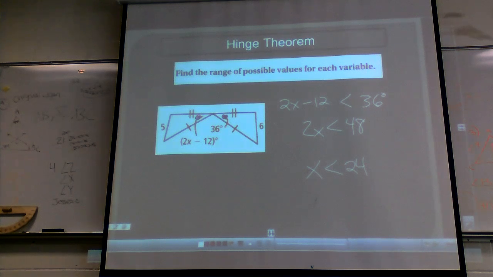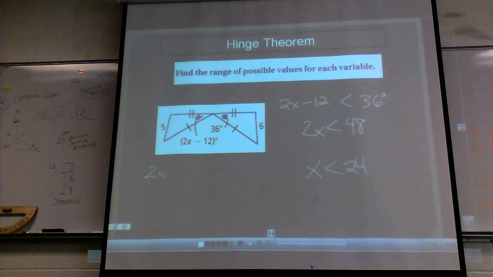If I plug negative 20 into there, that wouldn't make much sense. So in order for this to actually work, I need to try and find the smallest possible value that angle could be. So I do actually have to create a range here.